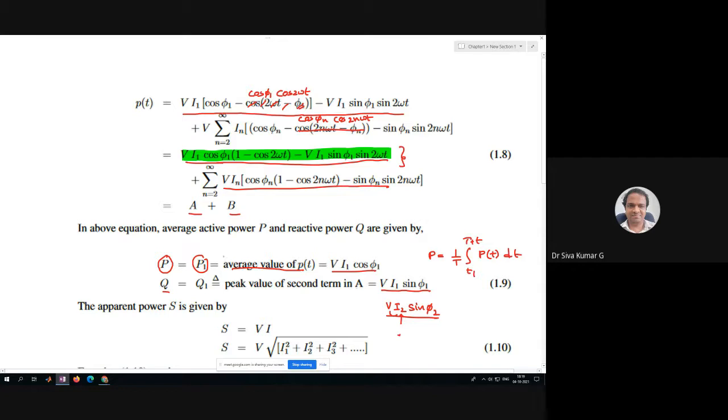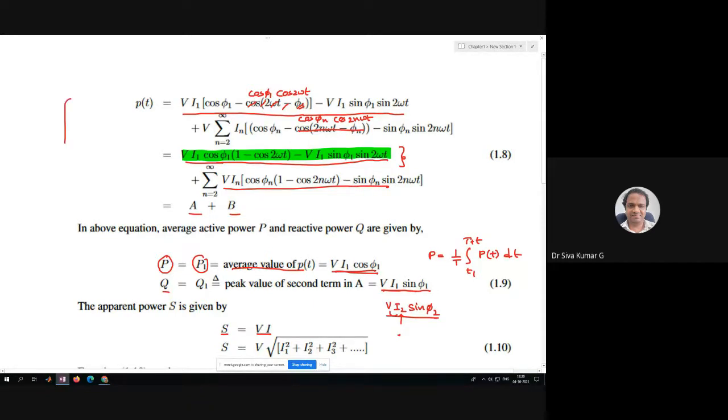Here, from the above equation, we have defined the average power, the real power, as well as the reactive power. Whereas the apparent power, you can take S is equal to VI, the V RMS into I RMS. Now this is fine, right?